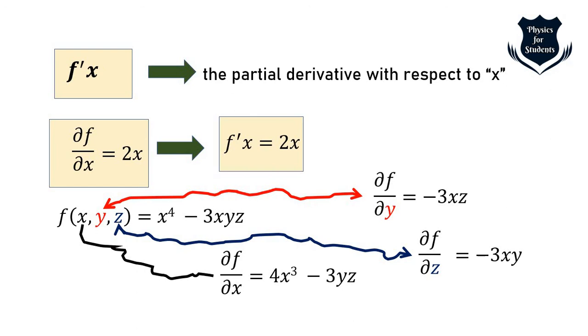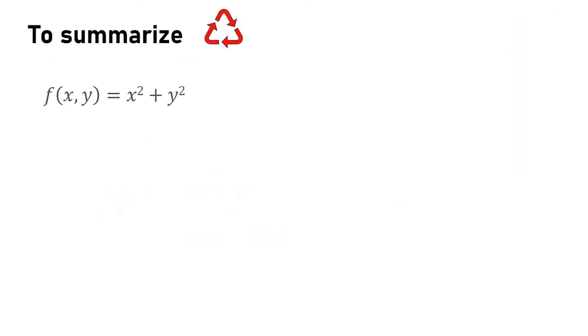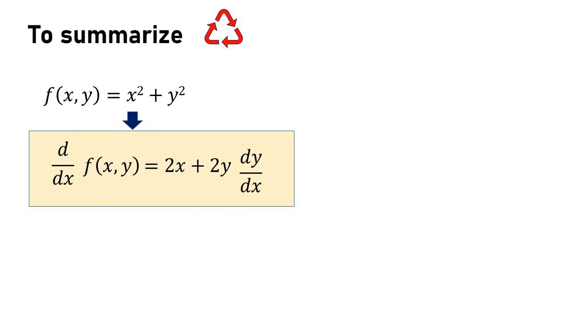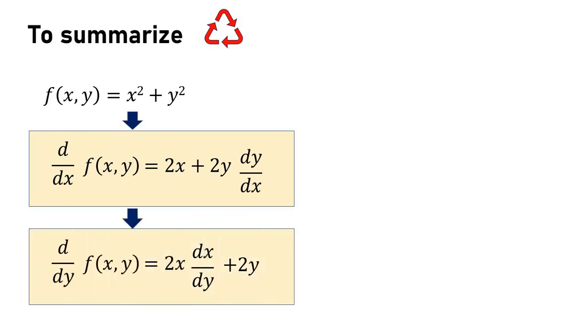In my next videos, definitely I would be giving more examples of how to actually solve partial differential equations, but I think this is quite a nice concept which will build it up. So just to summarize, if we have a multivariate function, let us assume f(x) equals x squared plus y squared, we can differentiate it with respect to one of the variables. So it comes to this and it comes to this, right?